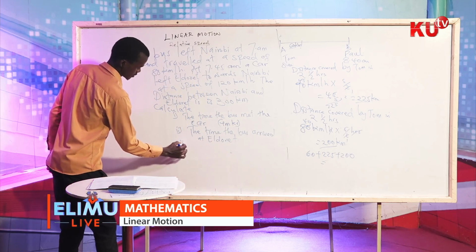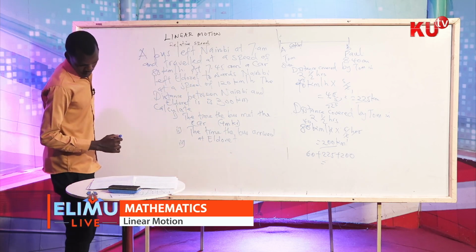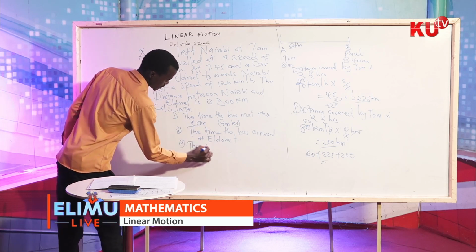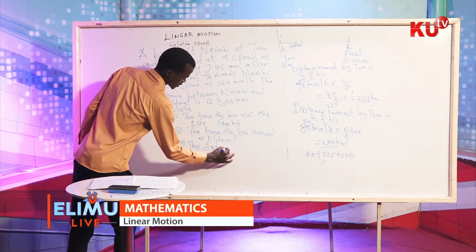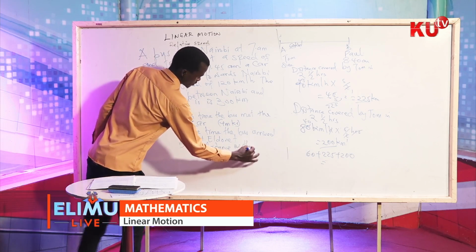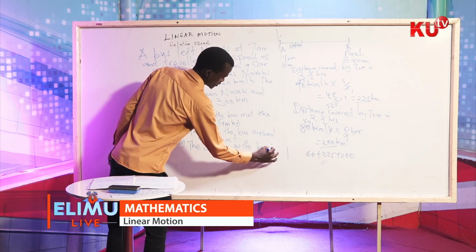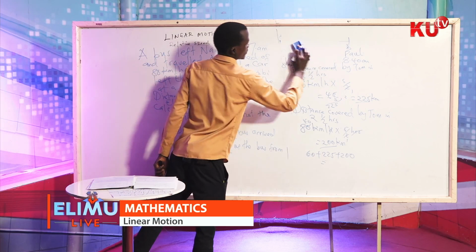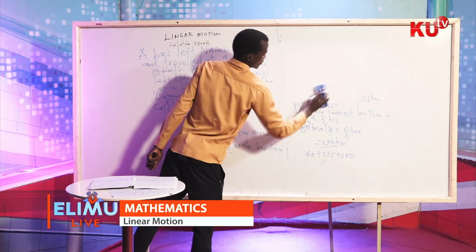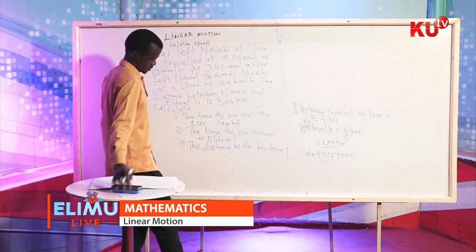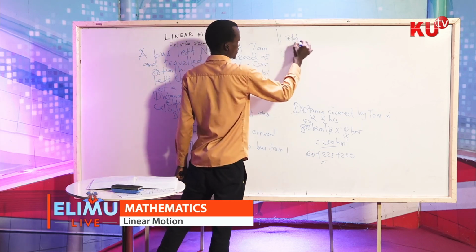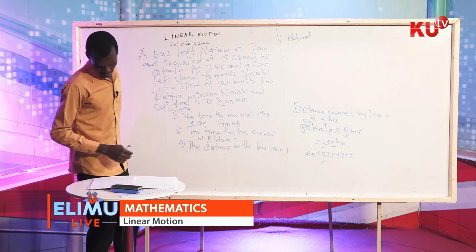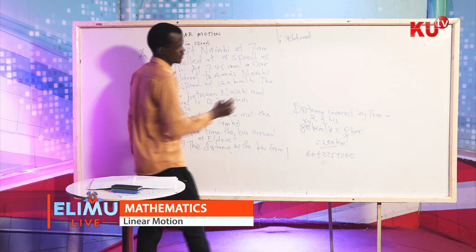Part 3, the distance of the bus from Eldoret when the car arrived in Nairobi.